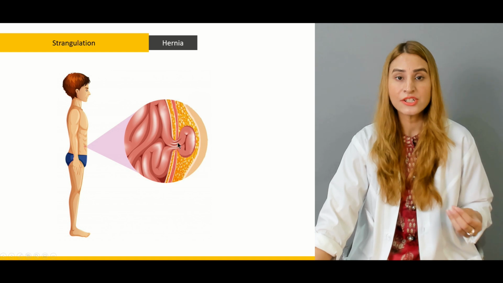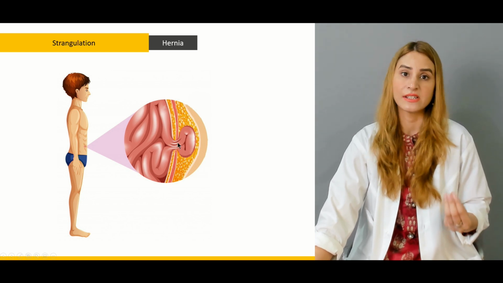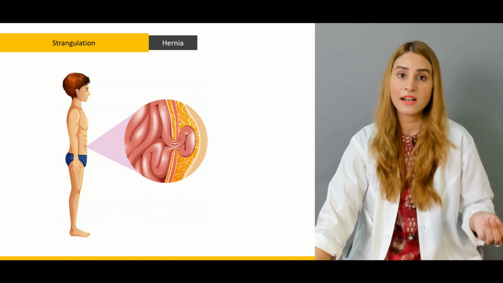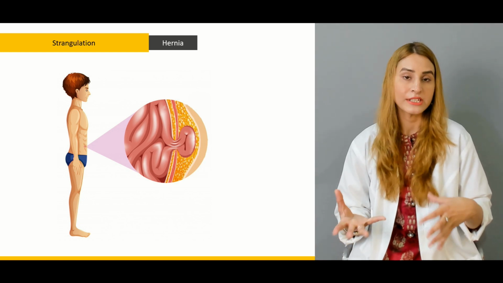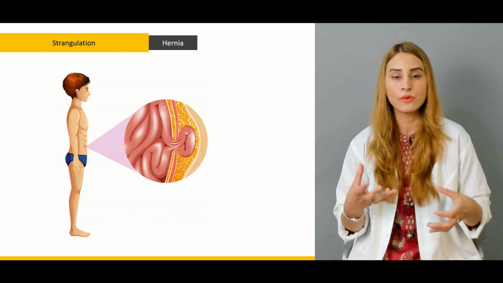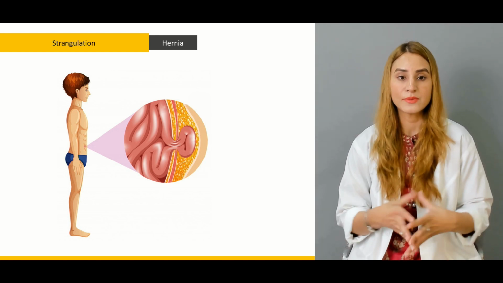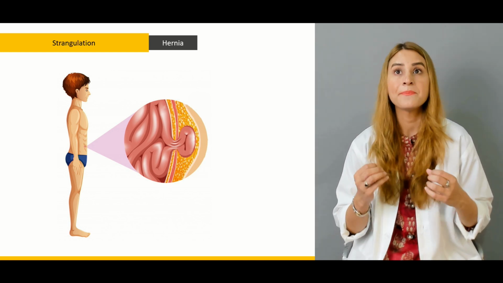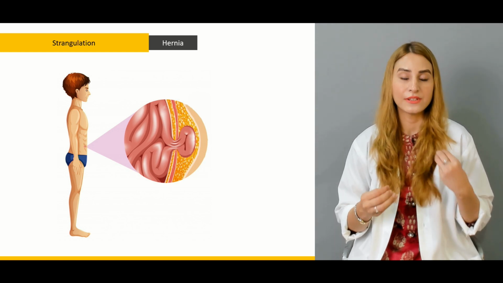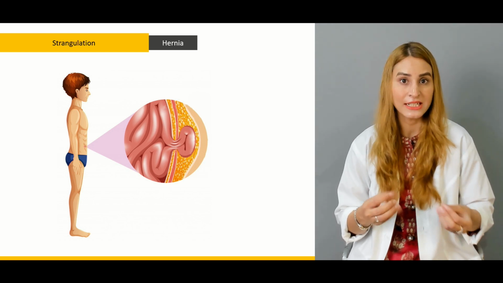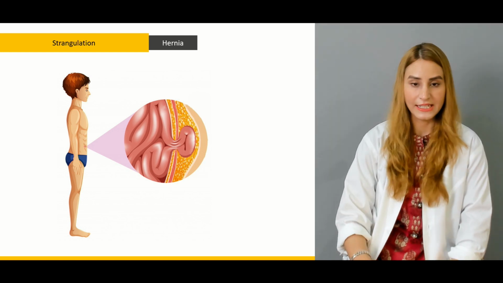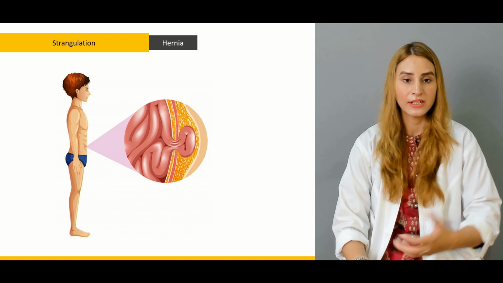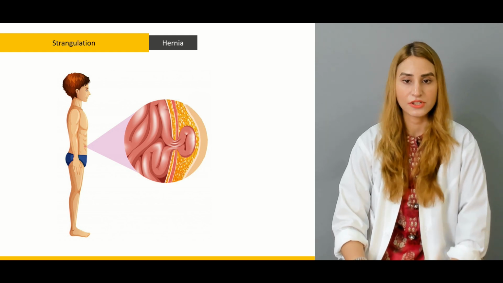So strangulation is a surgical emergency, whatever the cause of the intestinal obstruction, or if the hernia is obstructed, you have to immediately open the abdomen and relieve the obstruction, because it can lead to gut gangrene and death, and then ultimately you have to resect that portion of the intestine. So that's why you have to relieve the strangulation and obstruction.